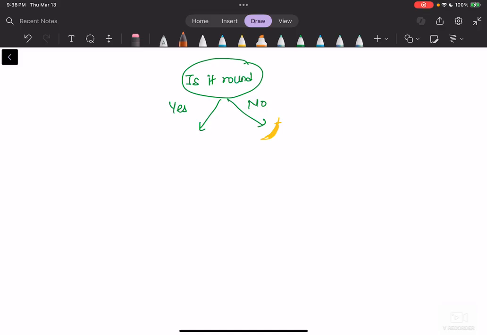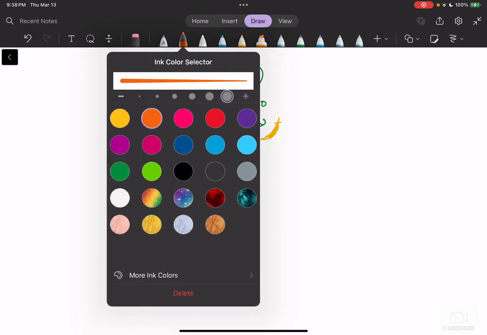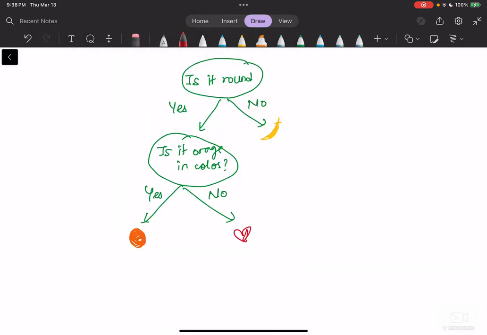So we say, is it orange in color? We repeated this step, right? And then here, yes, no. When we said yes, at the end we only had the type of fruit orange remaining. And then here we had apple remaining.